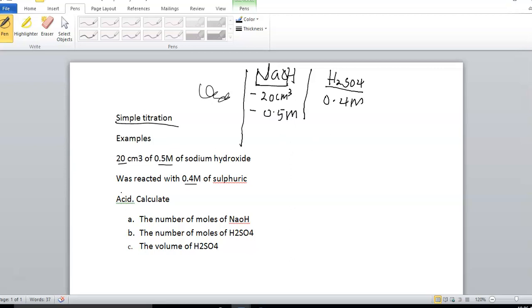Question 1A is asking: calculate the number of moles of sodium hydroxide. How do you get the number of moles? We have the volume and we have the molarity.